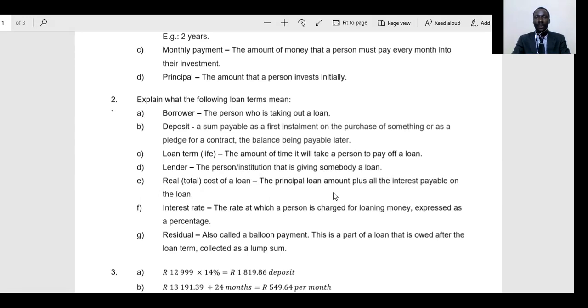So think of it this way. You agreed that this is the amount of money you're going to pay to the financial institution. But for some reason, you could not pay it within the time. So that remaining amount, which is paid after the loan period, is what we call the residual.